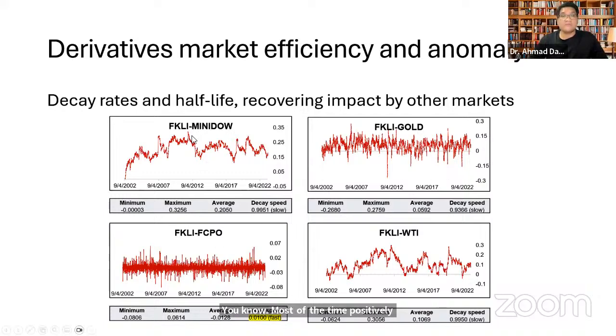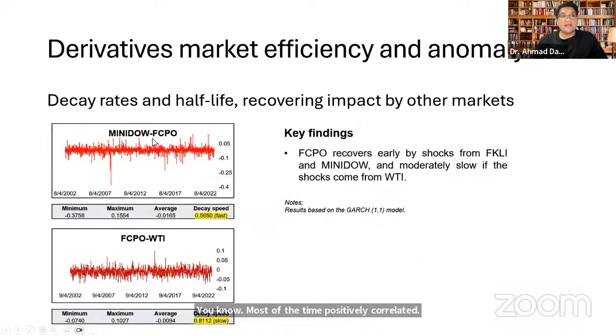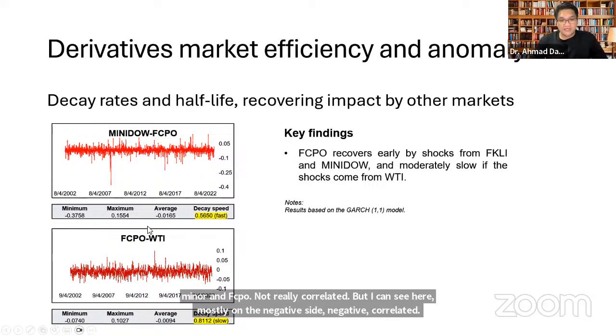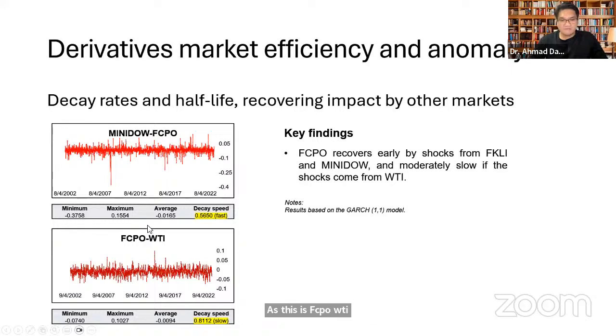What else do we have here? For mini Dow and FCPO, not really correlated, but I can see here mostly on the negative side, negatively correlated. As for FCPO and WTI, around positive 0.05 to negative 0.05, it means it's changing.